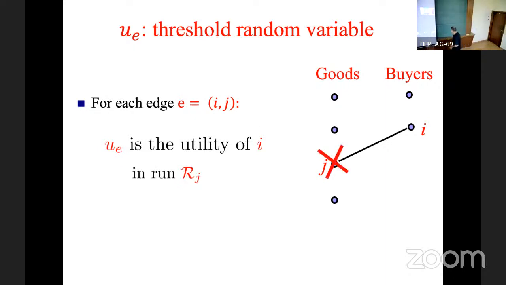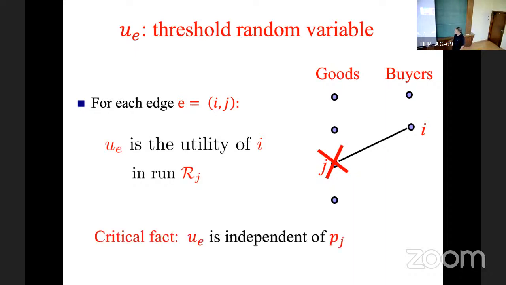So ue equals the utility of i in the run Rj. And I'll be talking about this random variable for the next 10 minutes. Really central to the proof of that lemma.